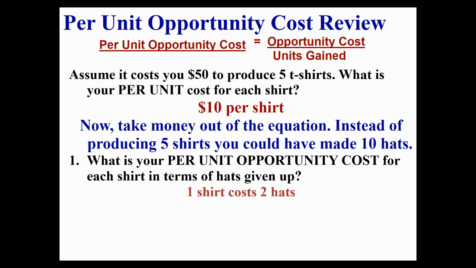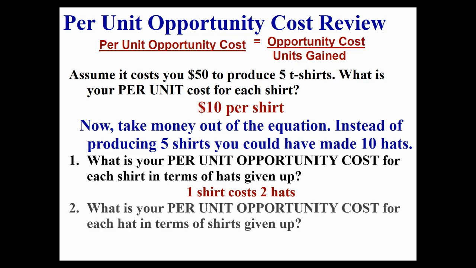Well, for one shirt, you could have produced 2 hats. So instead of 5 shirts, we could have made 10 hats. So therefore, one shirt costs us 2 hats. So the trade-off is shirts or hats. The opportunity cost to make one shirt is 2 hats. Okay.